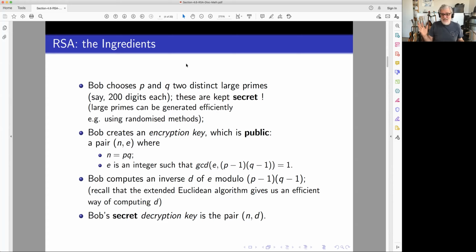Maybe it's possible with all this public information to find out what D is, but let's not go there, because this is really technical, cutting edge, and very tricky. Let's just see intuitively that if you don't know what P and Q are, figuring out what (P minus 1) times (Q minus 1) is doesn't appear to be obvious or easy. It is not obvious, that's for sure.